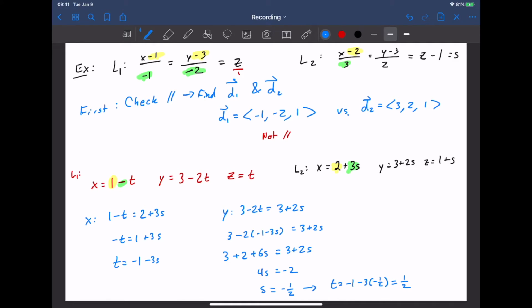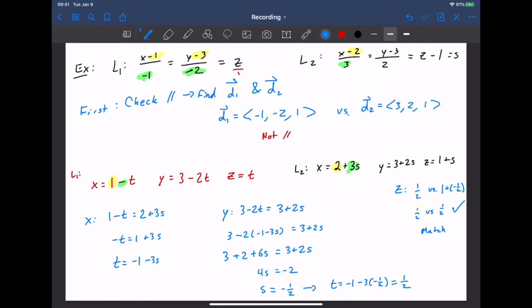And then what do we do with these two values? We're going to check them in the z coordinates. So I have t is 1/2 versus 1 plus negative 1/2. So it's 1/2 versus 1/2. Gasp, they match. So what does it mean?